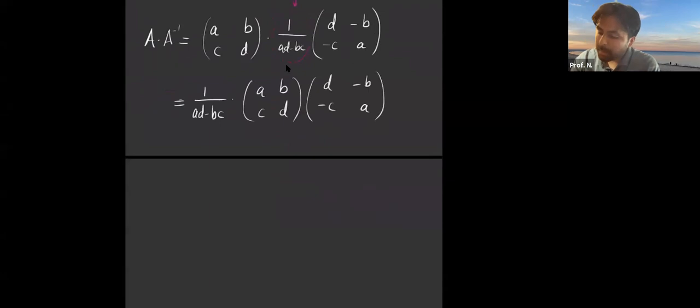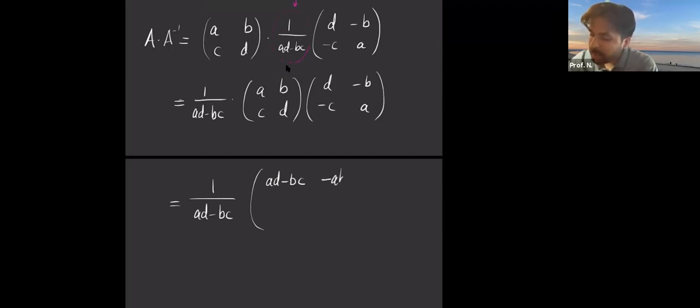Now, what does this look like when I multiply it out? First row, first column: this is AD minus BC. First row, second column: negative AB plus AB. Second row, first column: CD minus DC.